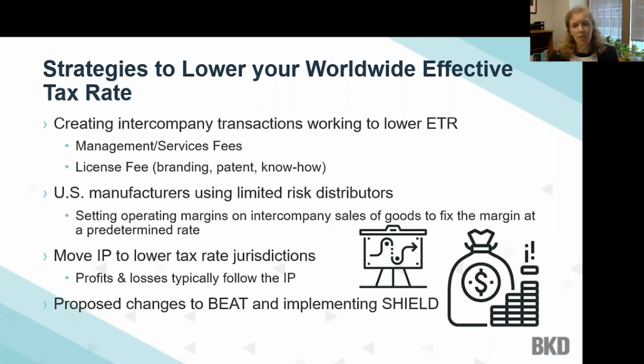Generally they have a fixed operating margin, which means your German limited risk distributor gets their fixed operating margin, and all that residual profit is going to go to the US, which, as of now, has a lower tax rate than Germany.